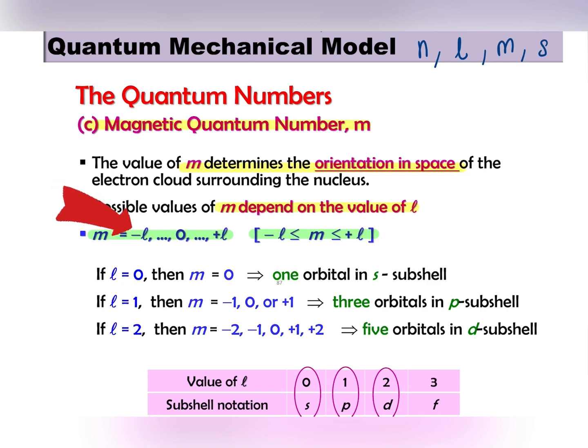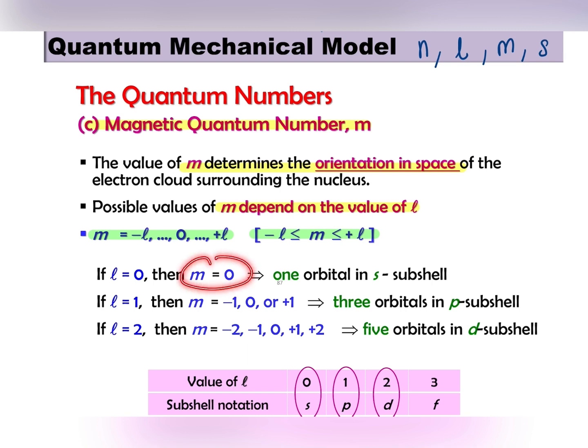Okay, so kita tengok contoh. Let's say, if you have the value of L, so kita recap balik apa value of L ni. Kalau value of L 0, it is S subshell. So value of L 1, p orbital. And then if the value of L is 2, d orbital. And then kalau 3, it is f orbital. If L is equals to 0, then value of M berapa?